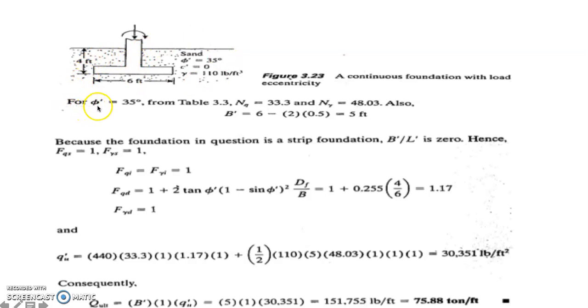For the angle of friction, which is 35 degrees, from the table you can get the values for N sub Q and N sub gamma. To compute the effective width, it is equal to 6 minus 2 times 0.5, which is equal to 5 feet. Because the foundation in question is a strip foundation, B prime over L prime is 0.